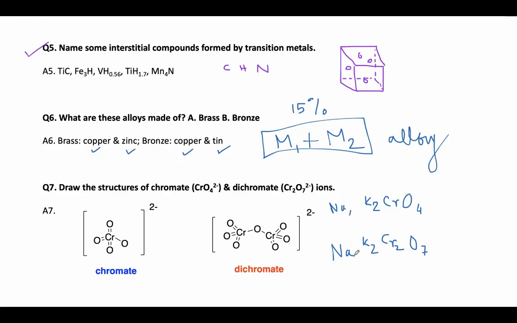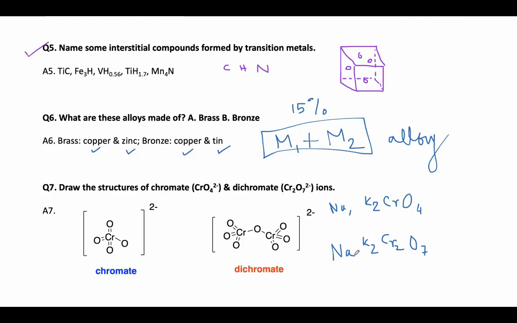Dichromates are prepared from the corresponding ferrous chromate salt. When the ferrous chromate salt is treated with sodium carbonate in the presence of oxygen, it forms sodium chromate. When this sodium chromate is acidified, we get sodium dichromate solution that will be crystallized.